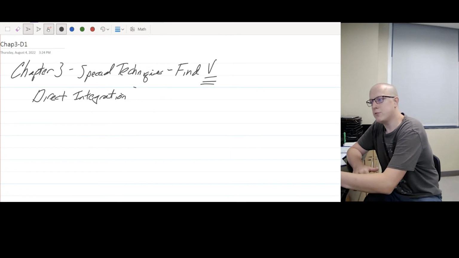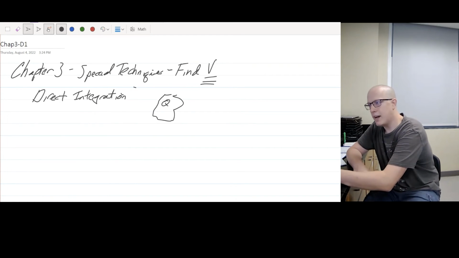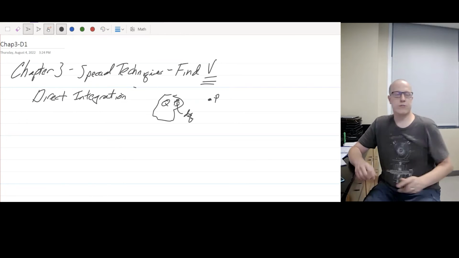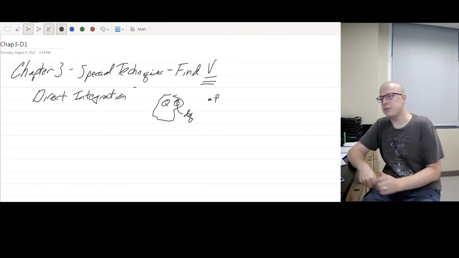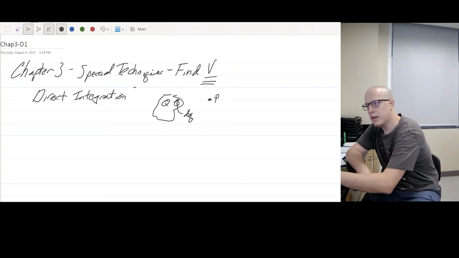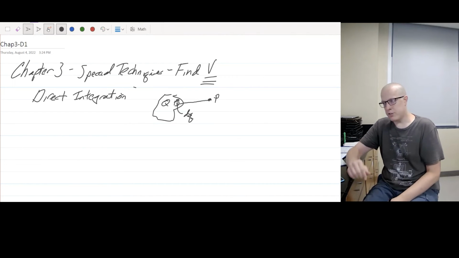So if I have a region of charge here, and I want to find the potential at a point P, I take a little chunk of that, and I call that dq. So I take a little tiny piece of that charge, and I figure out the potential at point P due to that little piece of charge.